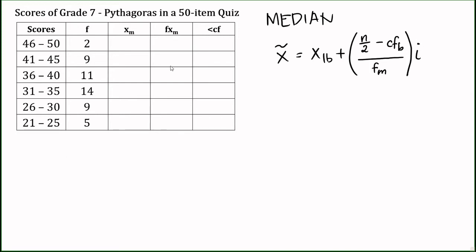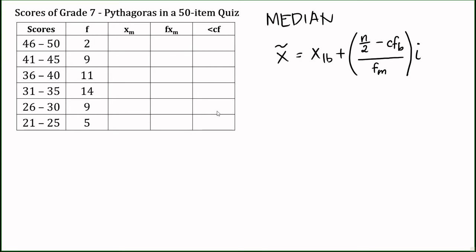So, isa-isahin muna natin kunin yung mga values na kailangan natin. Pero bago yon ay kailangan muna nating i-determine ang median class. So, para po makuha ang median class, kailangan natin kunin yung less than cumulative frequency. Okay? So, hindi na natin ngayon kailangan tong class mark tsaka yung F times class mark.